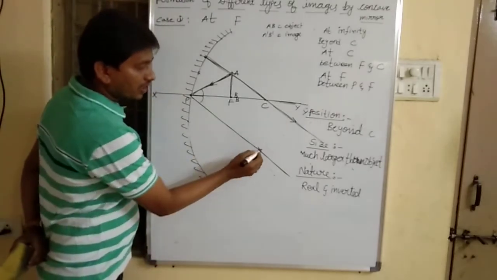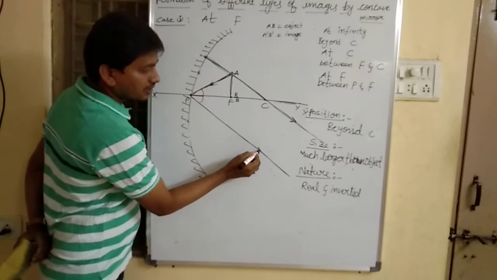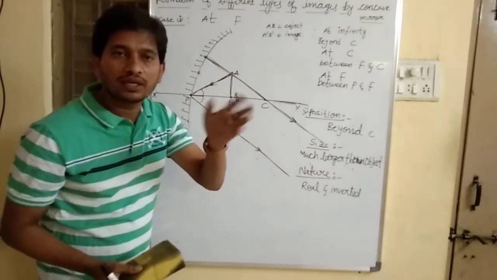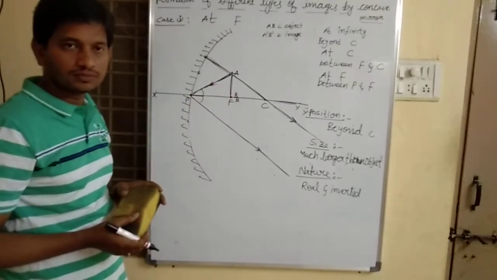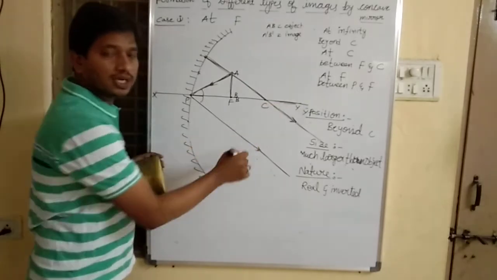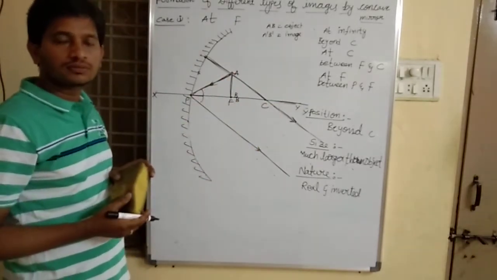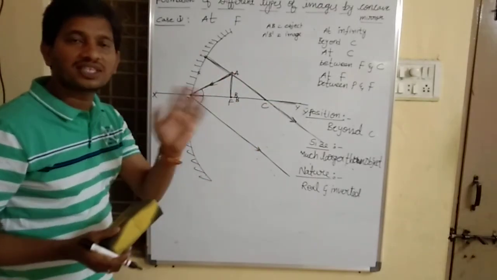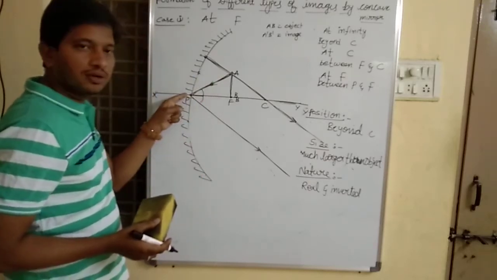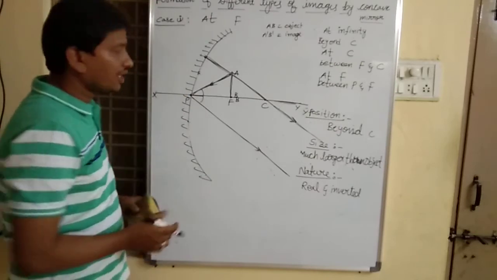You can observe here, these two reflected rays are not going to meet at any point. I mean, these two rays are parallel to each other. They are not intersecting. Try to understand here. First ray, this is the first reflected ray.